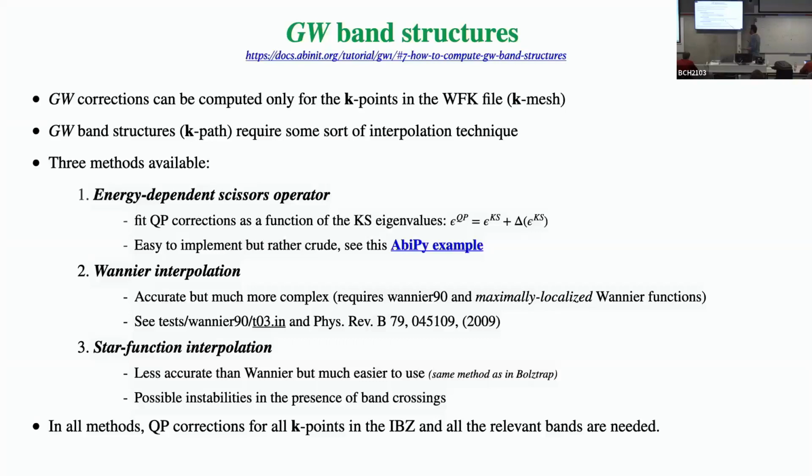I don't know if you have ever used the BoltzTraP code, but anyway, you take advantage of some symmetry properties of the energies in k-space to perform a least-squares fit while preserving these symmetries. So you don't need any kind of Wannierization, although you can have problems in the presence of band crossings.